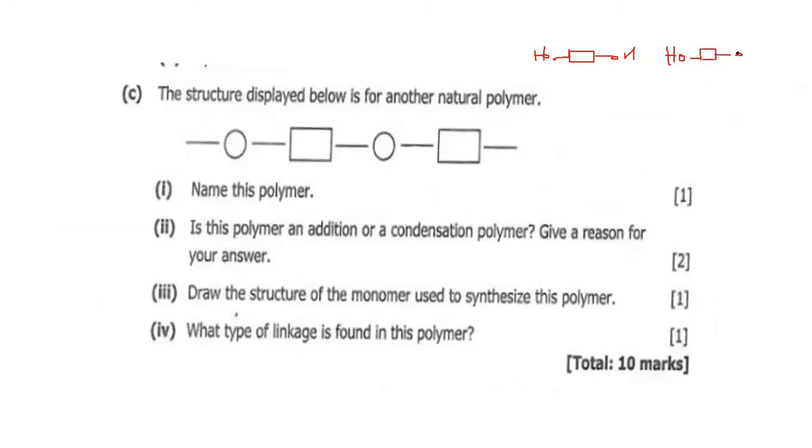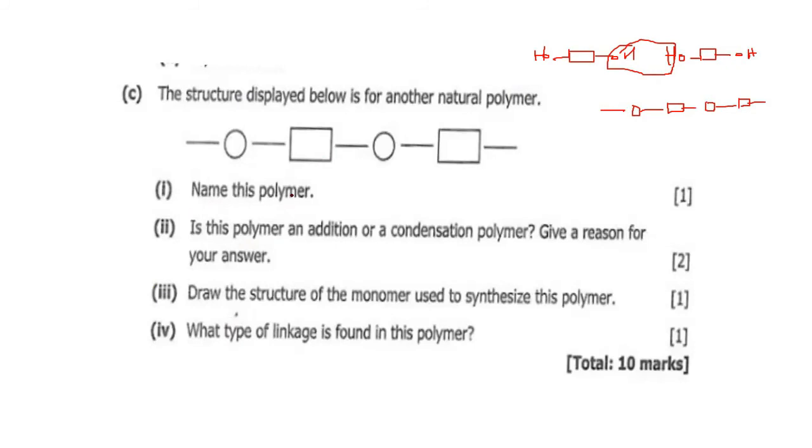What is going to happen is very simple. We are going to get this HO and one H removed as water. When you remove that, you remain with this one straight double bonded to this one. If you add another one from here, it will continue like that, and so on. That is how we know that this one is a carbohydrate.